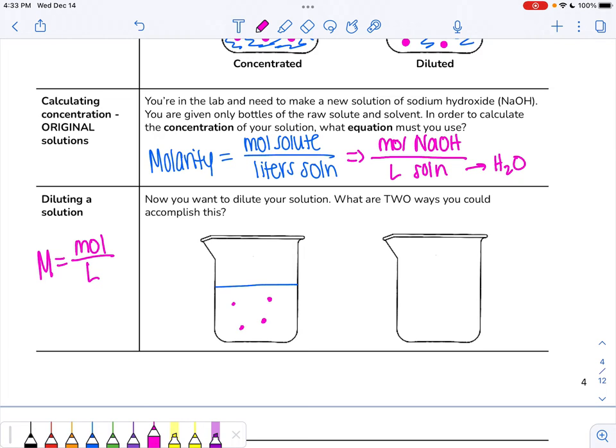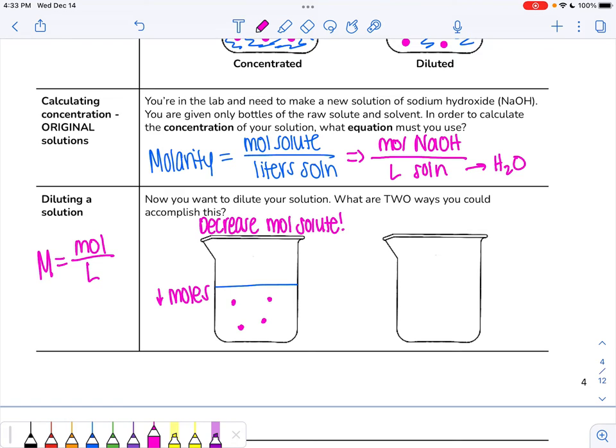So if I had the same volume that I had before, and I decrease moles, then I would have a less concentrated solution. It would be more dilute than previous. So I could decrease moles of solute.